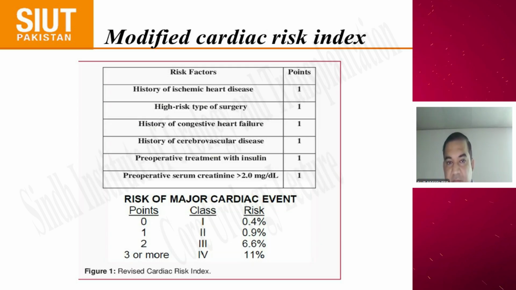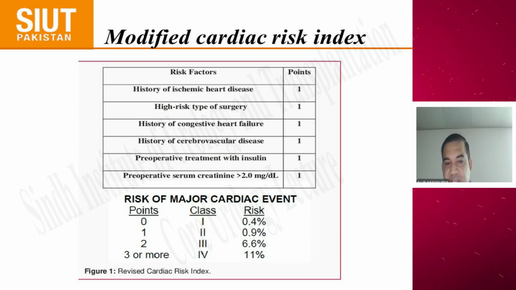Revised cardiac risk index. Risk factors: history of ischemic heart disease, 1 point; high-risk type of surgery, 1 point; history of congestive heart failure, 1 point; history of cerebrovascular disease, 1 point; insulin therapy, 1 point; preoperative serum creatinine greater than 2, 1 point.